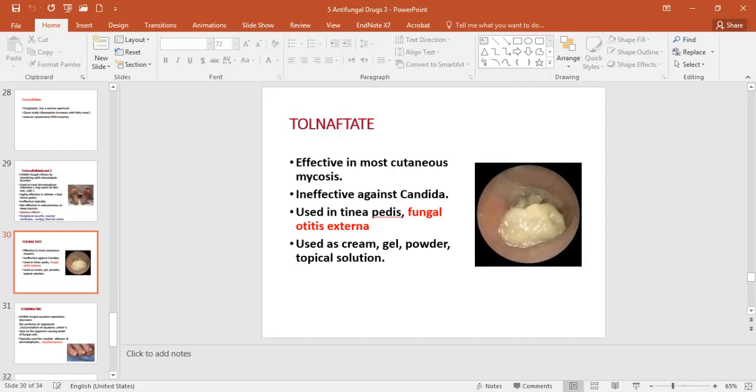As you can see in this image, this is a picture taken with the otoscope, the ear scope, to see the fungal infection of the ear. This is otitis externa.